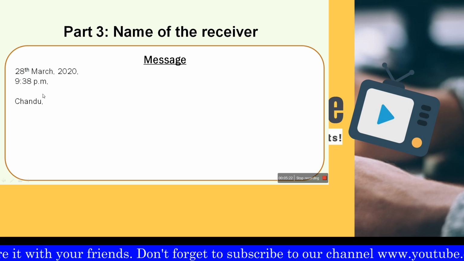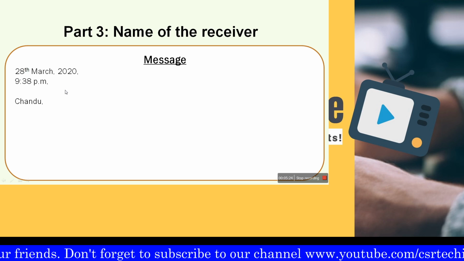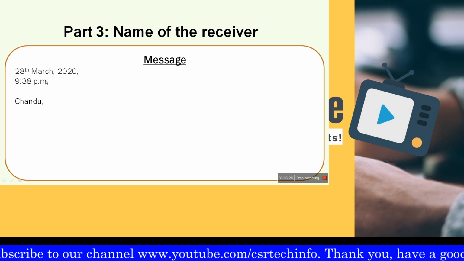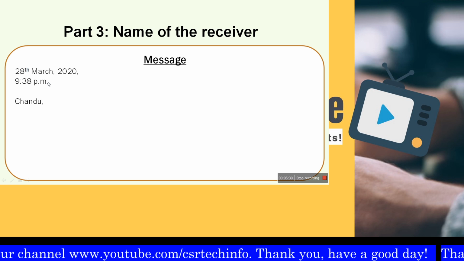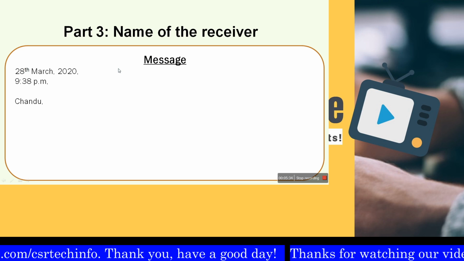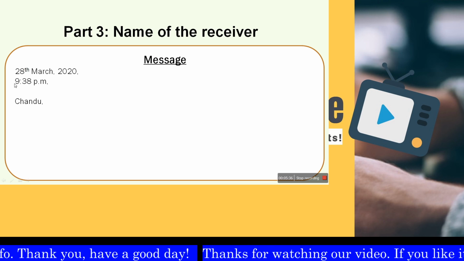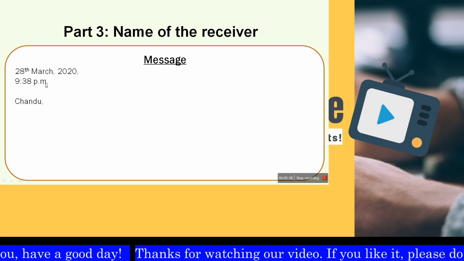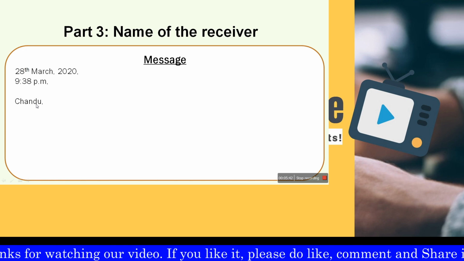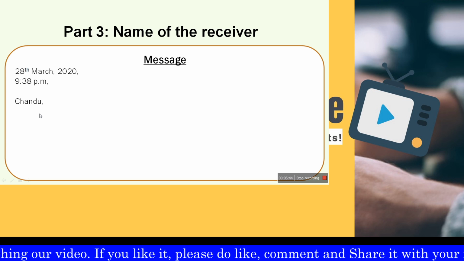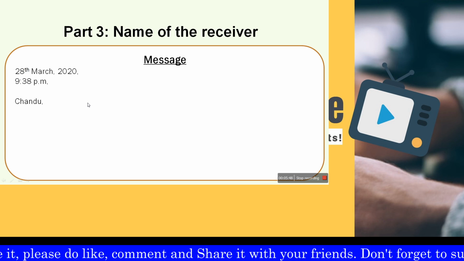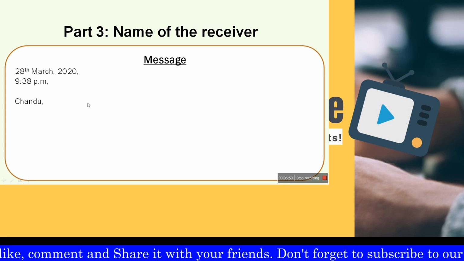And remember that there must be a one line space before and after each and every part of this discourse. See, first part, heading, one line space here. Second part, time and date, right? One line space here. Then third part, name of the receiver, name given here. After the space, you have to write the fourth part. Is it clear?